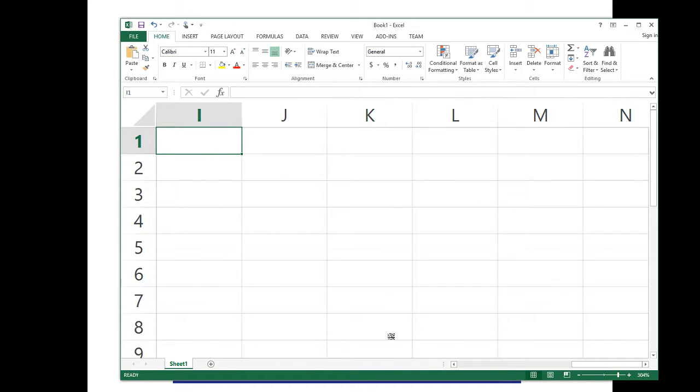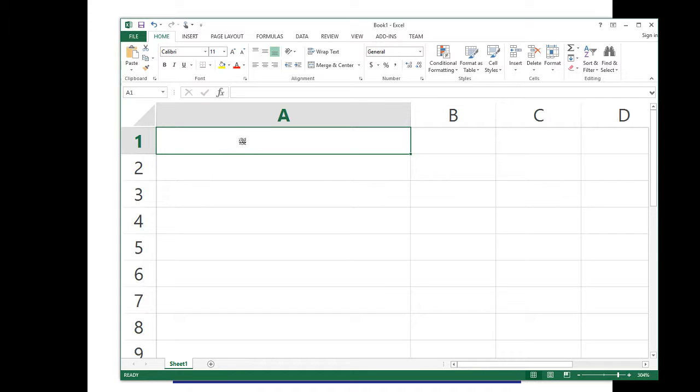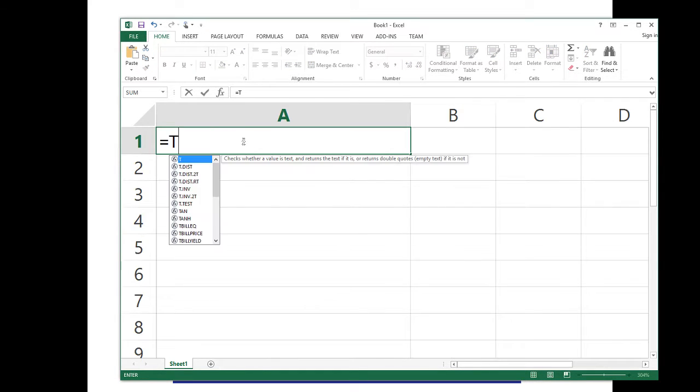If you have Excel and you'd like to know where the critical values start, then you can use the T distribution function. And in this case, we use the two-tailed test. So that's why the name of this function has .2T.